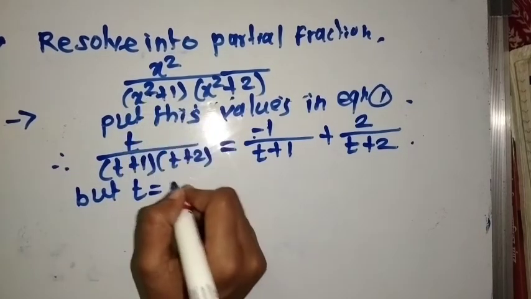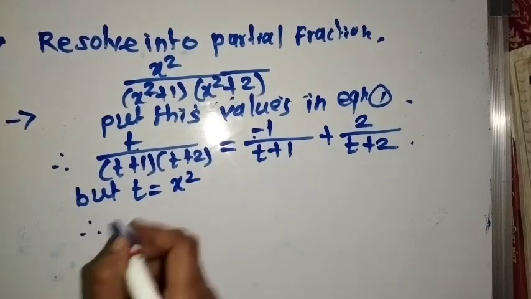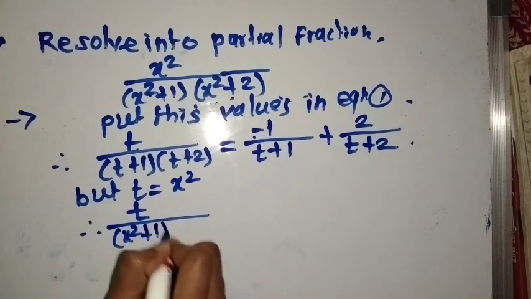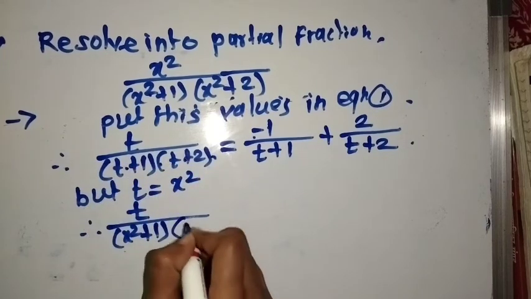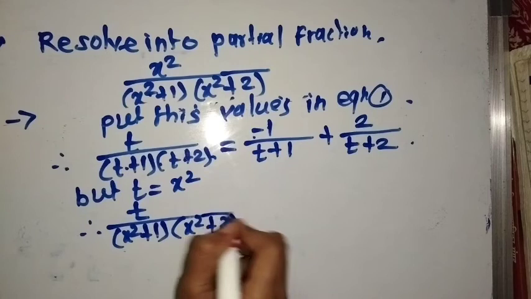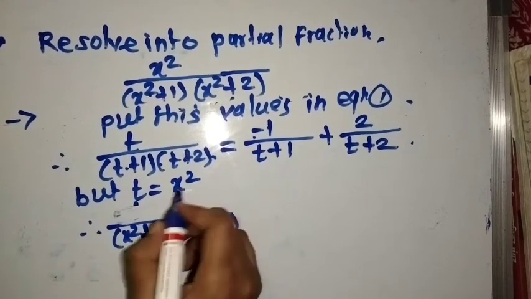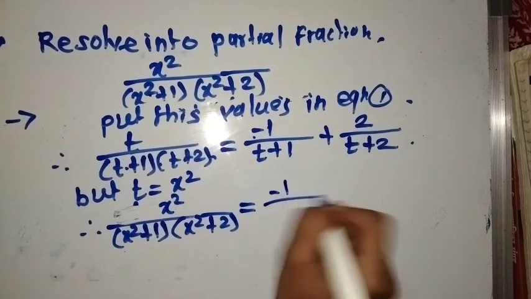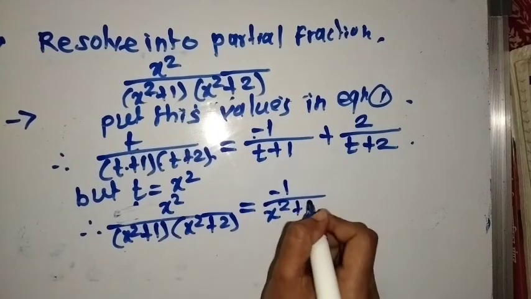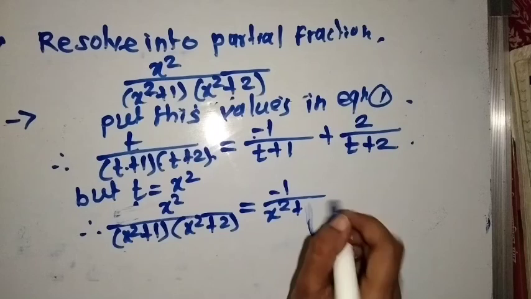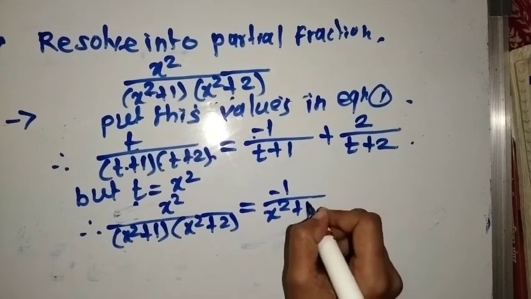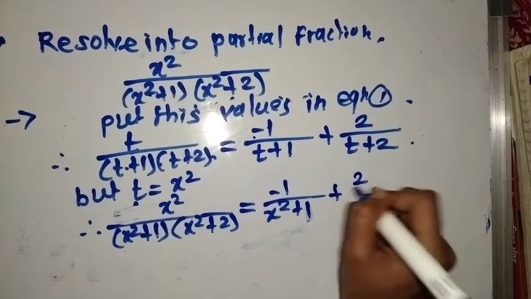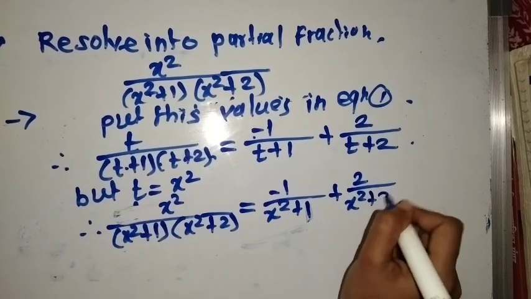But t is equal to x square, so t upon x square plus 1 into x square plus 2, that is x square upon x square plus 1 into x square plus 2, is equal to minus 1 upon x square plus 1 plus 2 upon x square plus 2.